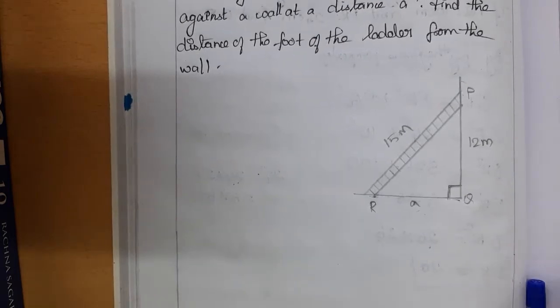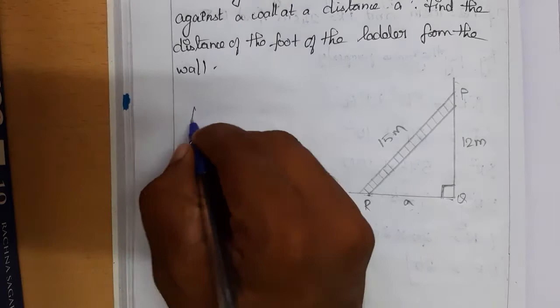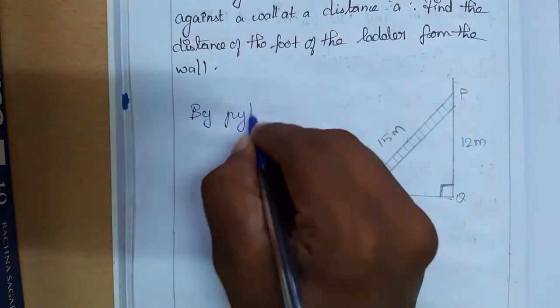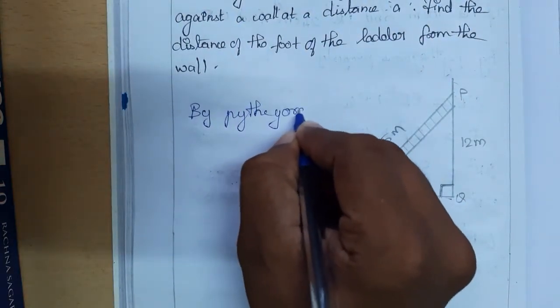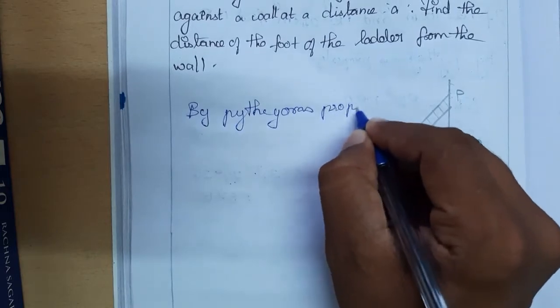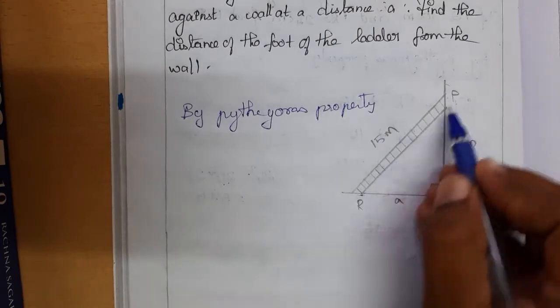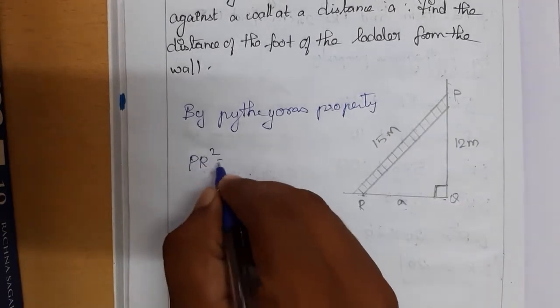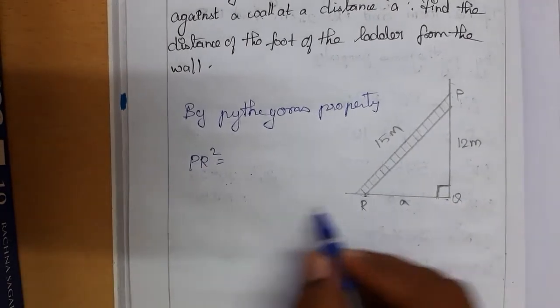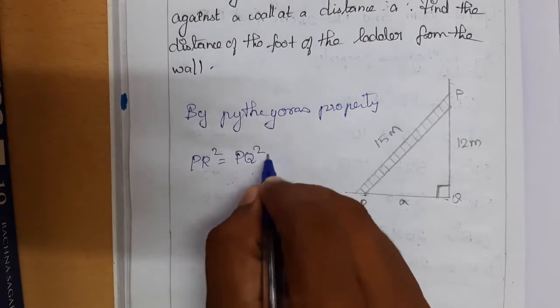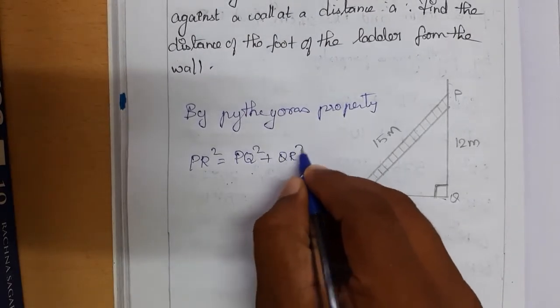So now we can apply the Pythagoras property and we can find it, right? By the Pythagoras property we can say that this is the hypotenuse, opposite to 90 degrees. So PR square is equal to PQ square plus QR square.